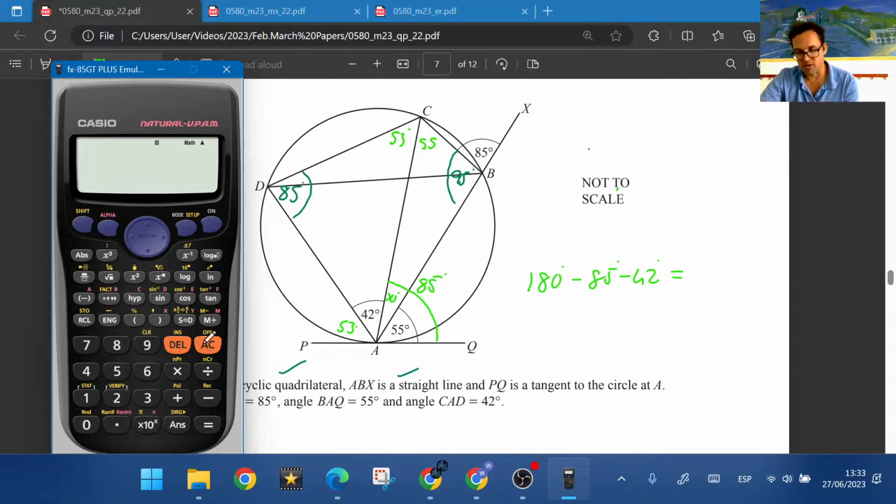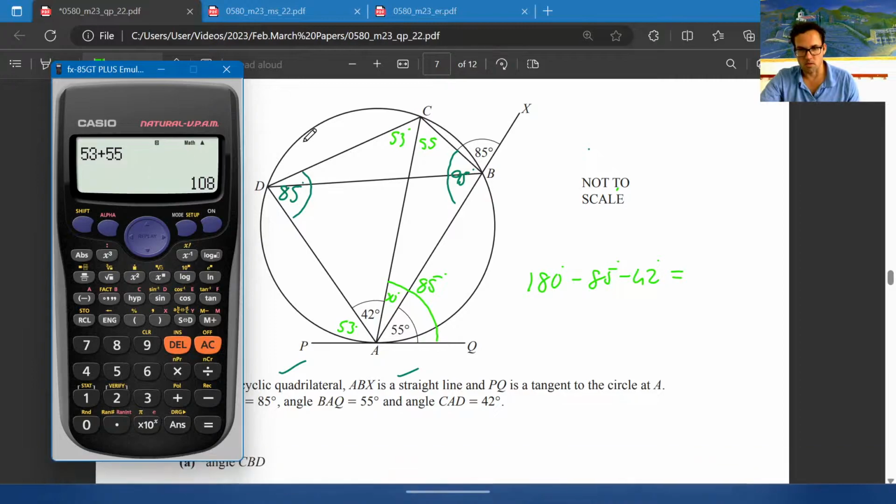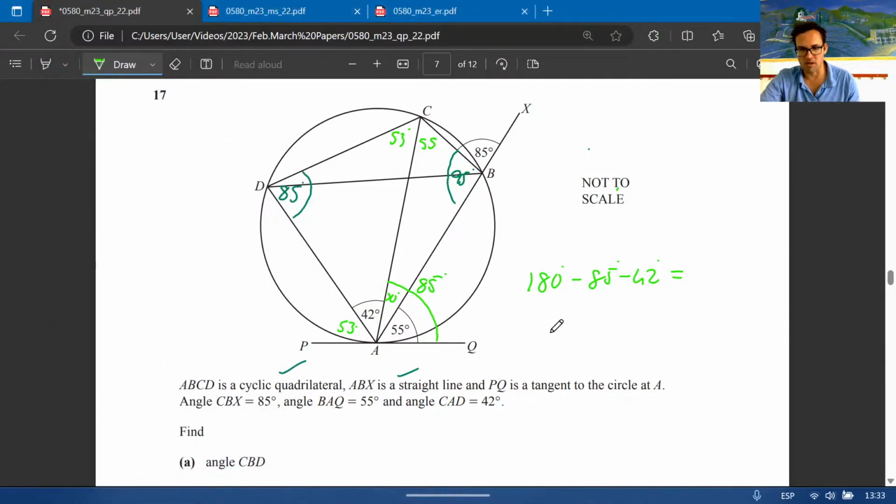Of course, 53 plus 55, that's 108. So this one here should be 72. It all makes perfect sense. You see what I get just by going through every piece of information quite slowly. We get a lot of information.